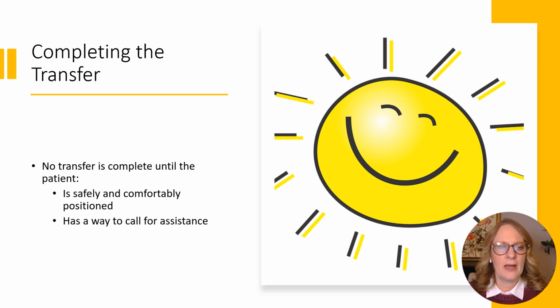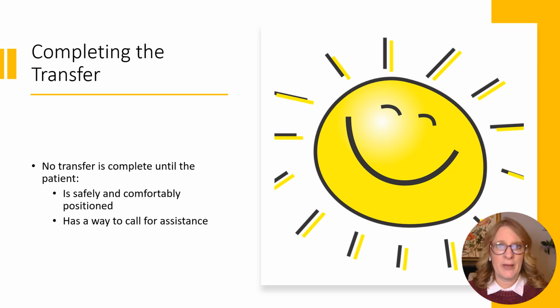Some other things I would just want you to keep in mind, other than just thinking about bending forward and that squat pivot transfer, is really just consider your client, like making sure they don't grab other things when you're transferring, making sure you know where their hands are.